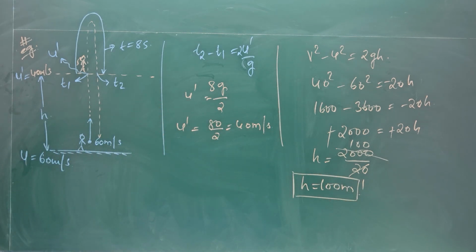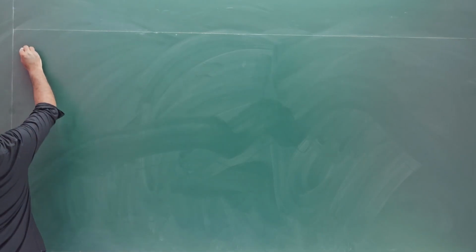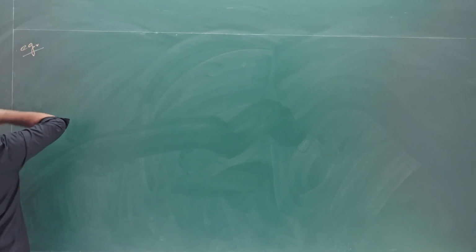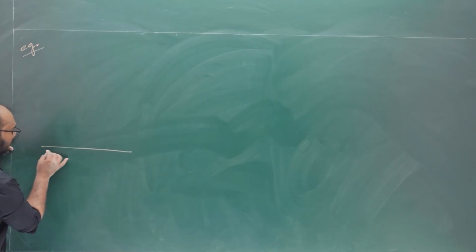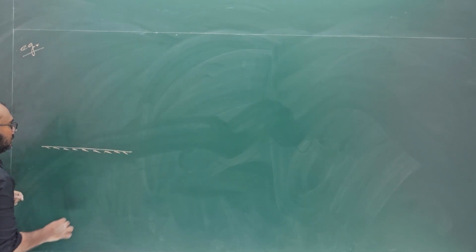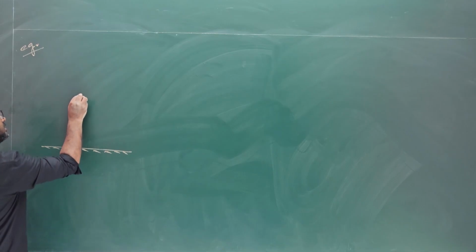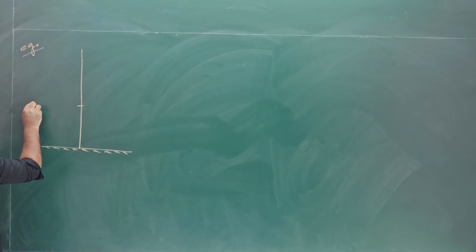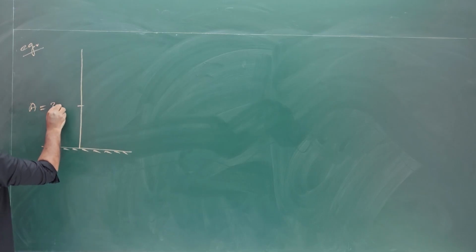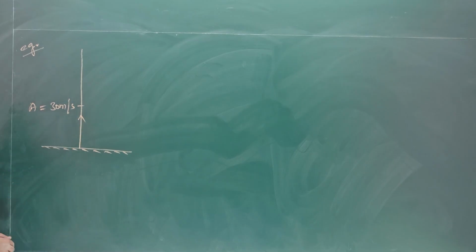Now in this we will have two examples. You need to tell me the answer. Question is, an object moved in the upward direction. Let there be a point A somewhere, and at point A the velocity is 30 meter per second while going upward.